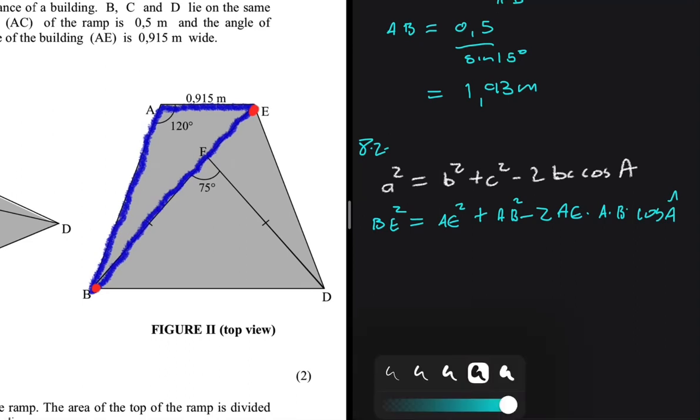So here we're gonna have BE squared being equal to AE, which is 0.9125, plus AB, right?